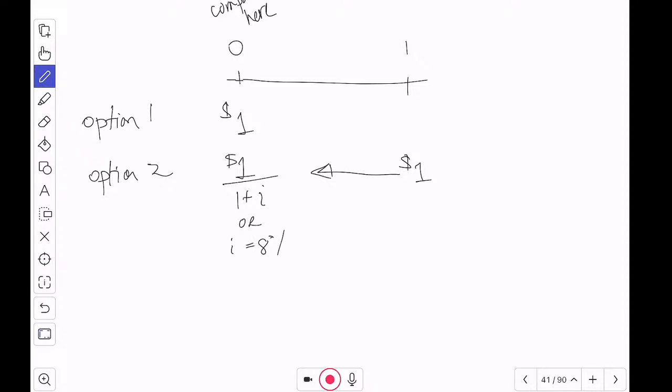If I is 8%, then this is 1 over 1.08, and it's smaller than $1, right?